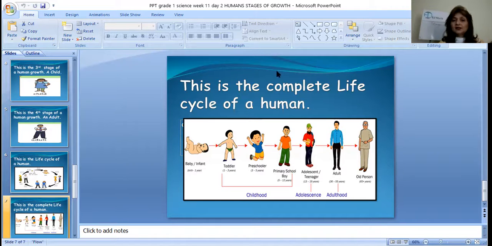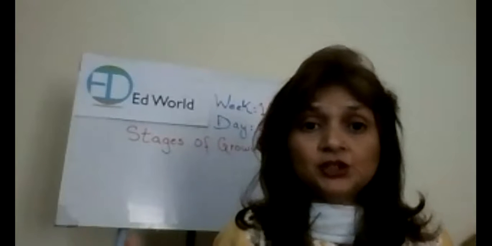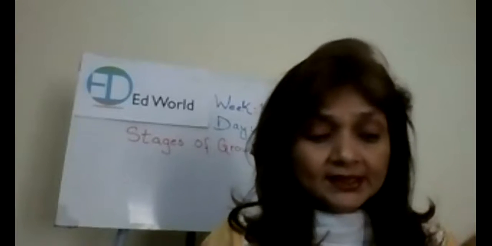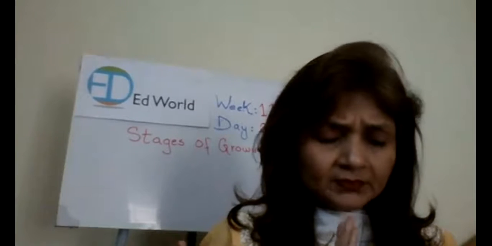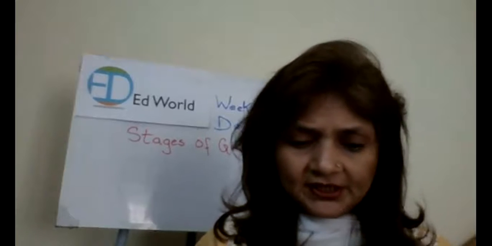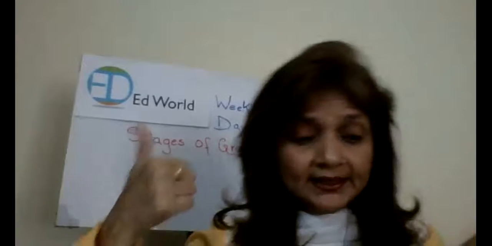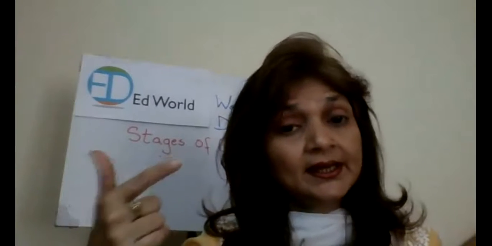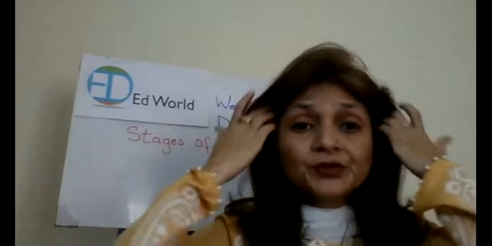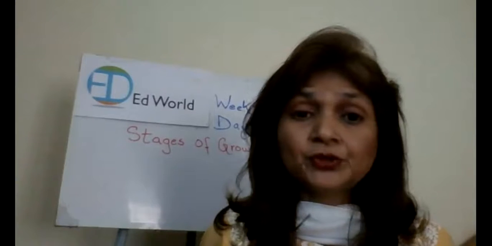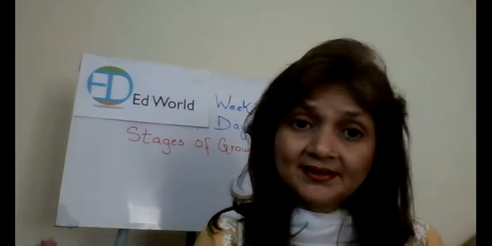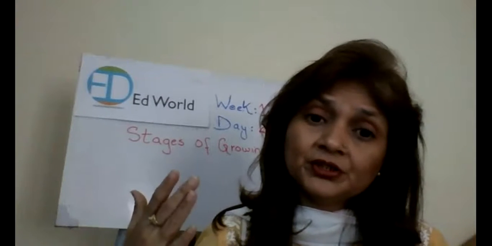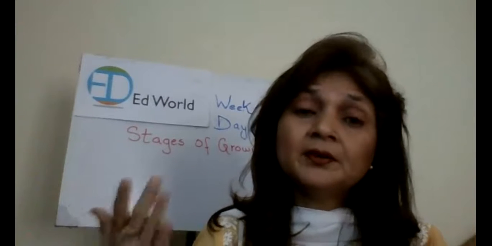So these are the growing stages of humans. Our life has these different stages. First, it's a child. Later on, the child becomes an adult, and at some point, this adult is going to produce babies, which later on will grow into adults, as we have seen in the presentation.